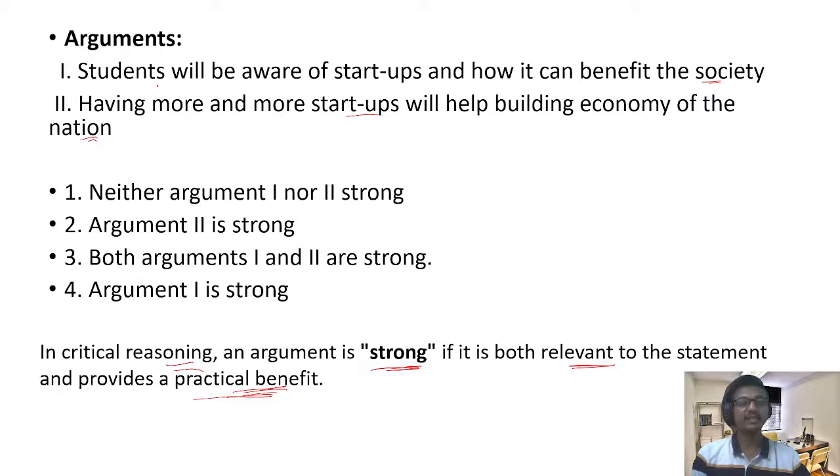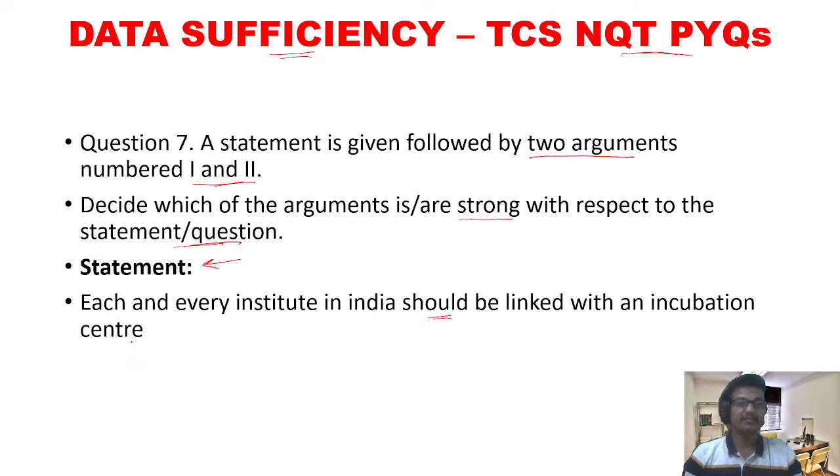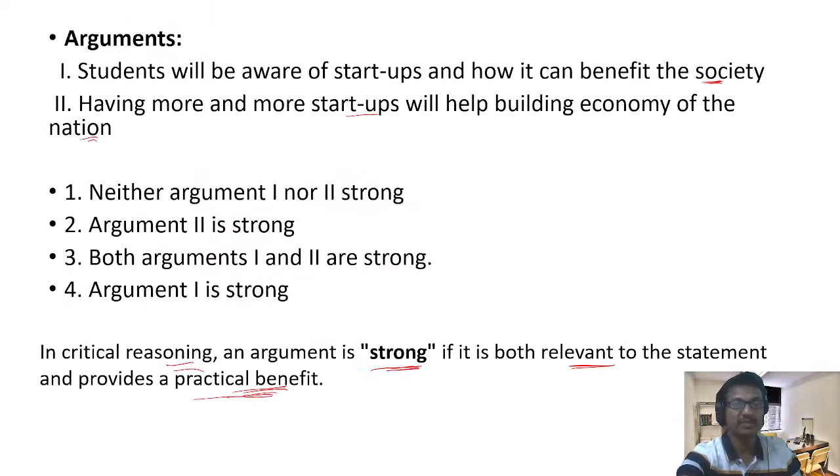Now let us look at argument 1: students will be aware of startups and how it can benefit the society. Will that support the given statement strongly? Each and every institute in India should be linked with an incubation center. If you link with an incubation center, then students will be aware of startups and how it can benefit the society.